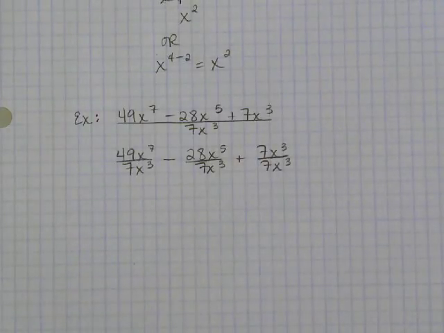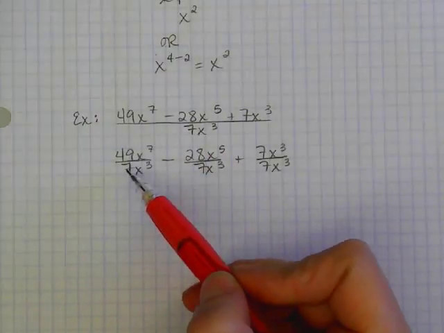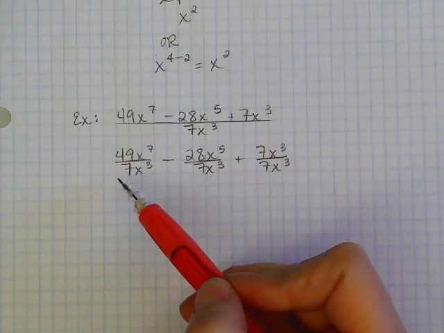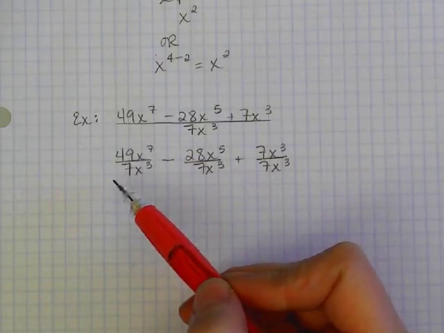Drop down our minus. What is 28 divided by 7? It's going to give us 4. And x to the 5th over x to the 3rd, what's that going to give me? x to the second. Don't forget to actually write the x to the second, because if you just put the 2 there, it doesn't work the same way.